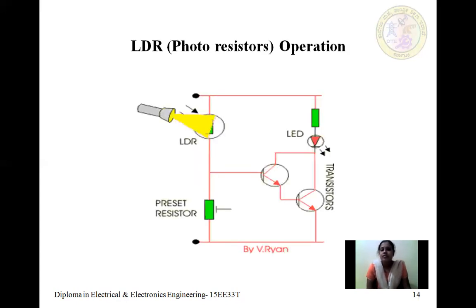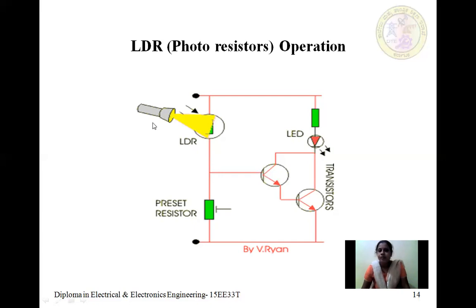See, this is one of the examples for an LDR, how it works. In this, we'll be using one LDR, one resistor. Here you can see one LED and two transistors have been used.